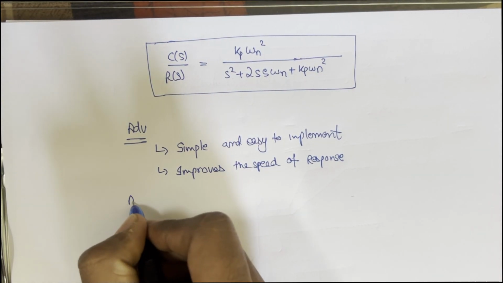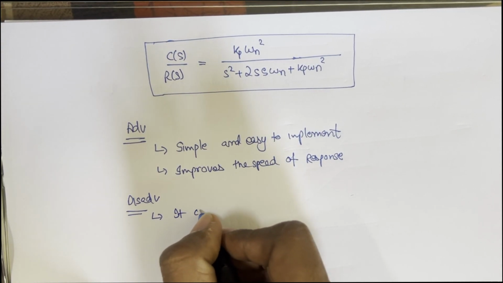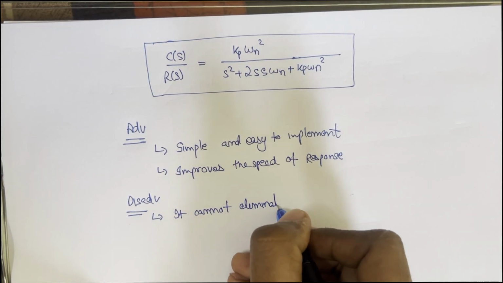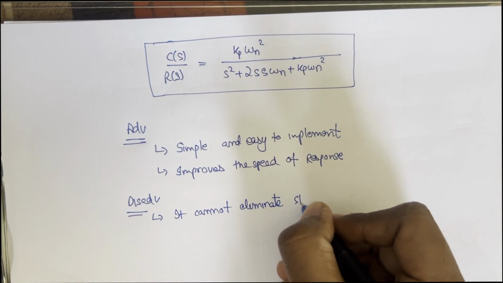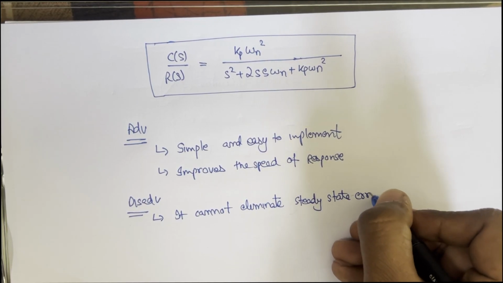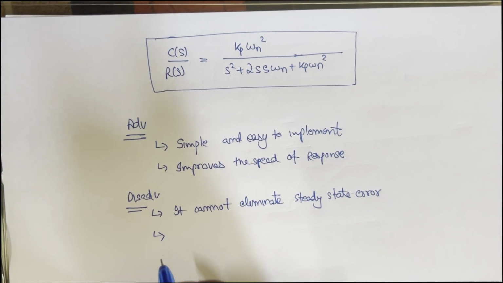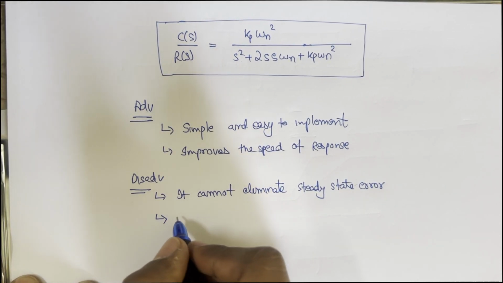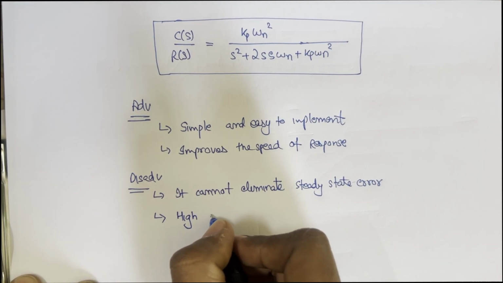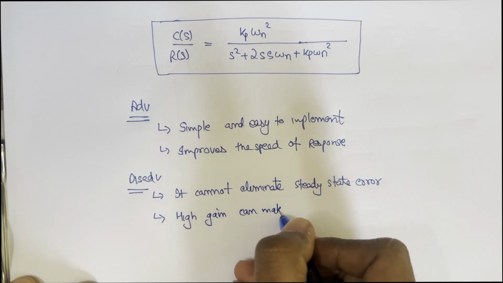Whereas it has some disadvantages as well, that is it cannot eliminate steady state error, which can be reduced using other controllers like the integral controller or derivative controller, which we will be studying in further videos. And also a disadvantage is that high gain can make the system unstable.